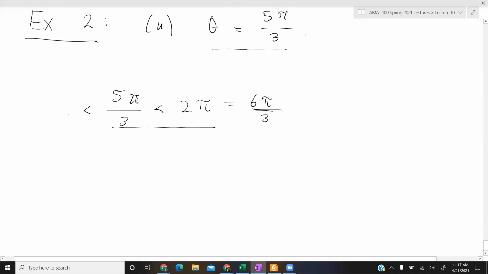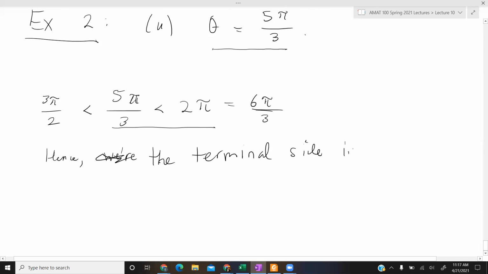But it's also not too difficult to show that this number is greater than 3 pi over 2. Hence the terminal side is in the fourth quadrant.